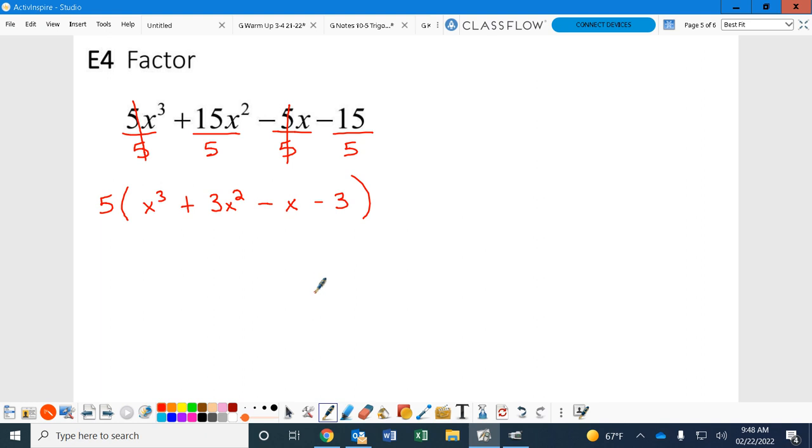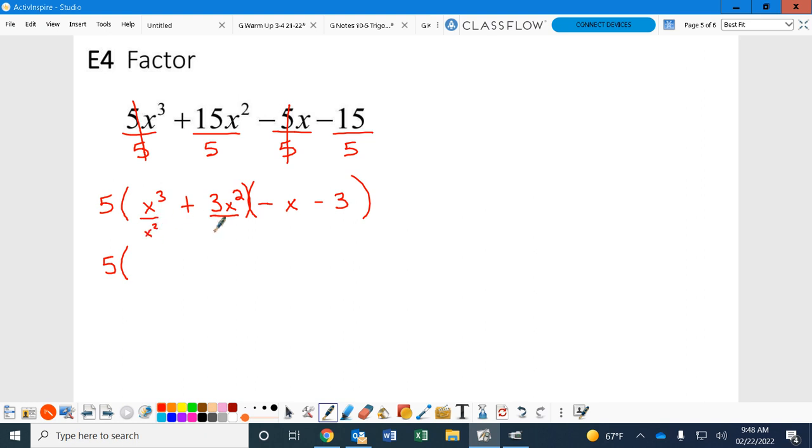Okay, once you take out the GCF for all 4 of them, that's number 1. Step 2 is to group them together. So step 2, we're going to put those parentheses in the center. You already have the ones on the outside when you do the GCF, so all you need is the ones in the middle. Okay, guys, what is the GCF between x to the third and 3x squared? What would the GCF be? X squared.